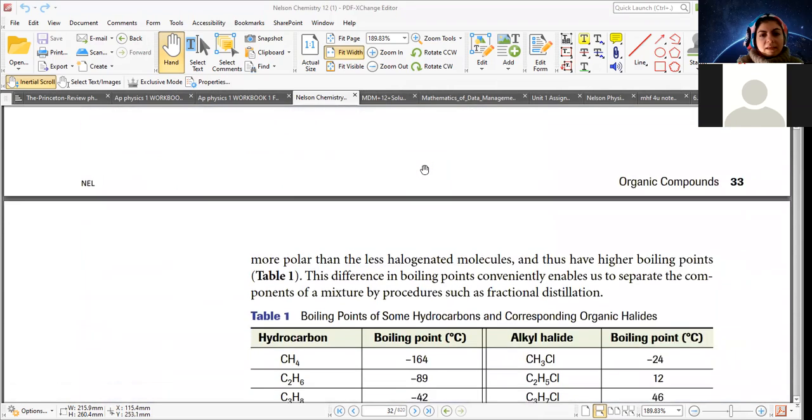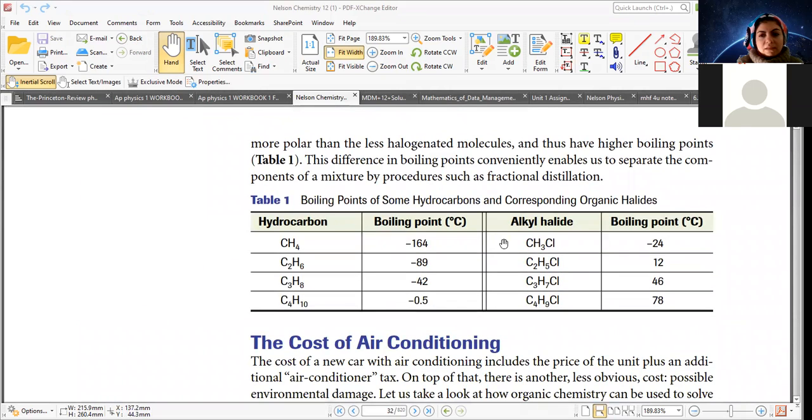Properties of organic halides. Looking at this table, hydrocarbons CH4, C2H6, as they get bigger and bigger the boiling point is increasing. They are not polar. When there's no polarity, the only force is van der Waals, London force.